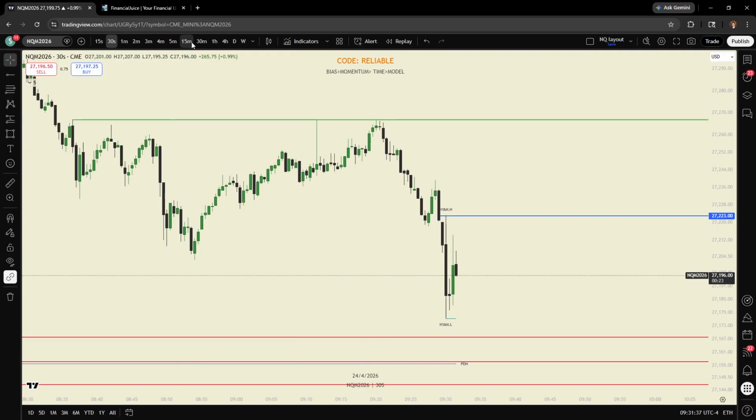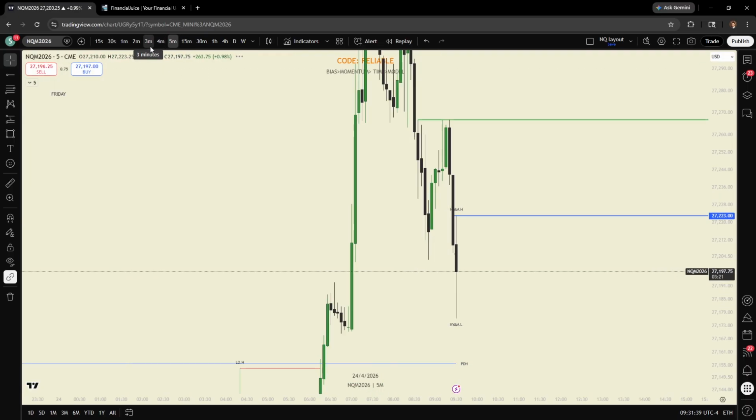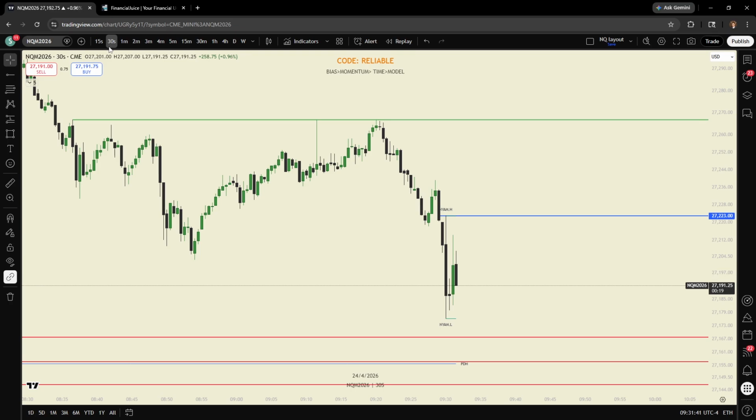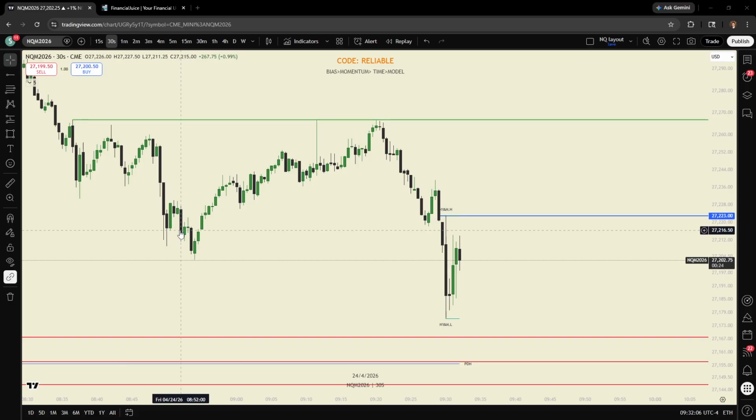This would be probably A plus, right? It's not really aligned with time, and that's pretty important. Bias, momentum, time, model. If we got the candle close in the singular candle, that would be good momentum. It would align with bias, then we'd have the model. So it's probably still good enough to take even without time. But normally we would see price obviously reverse during the Judas swing time, which is like 10 o'clock, and this is not that, right?